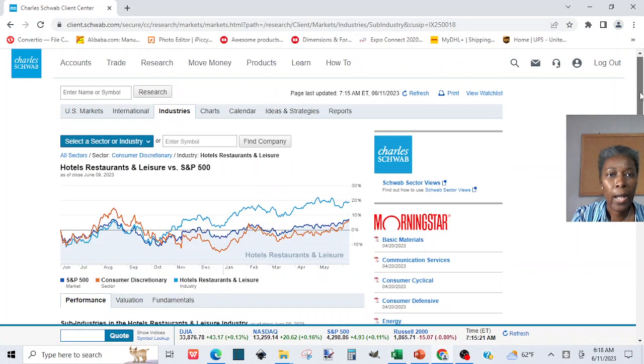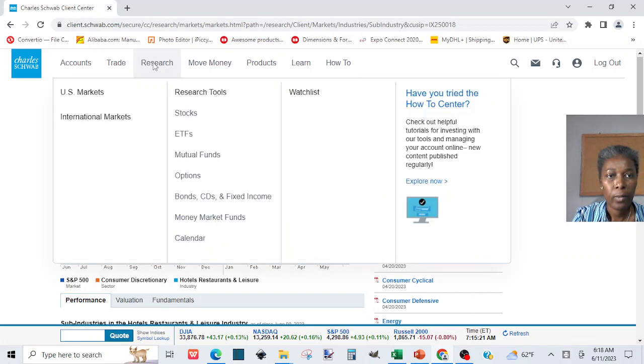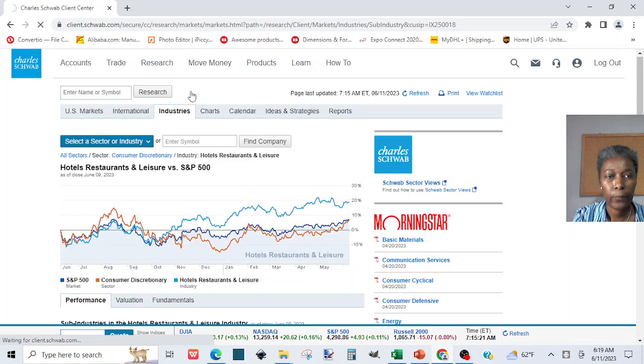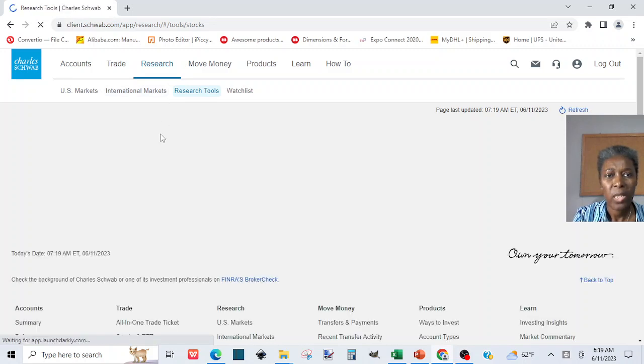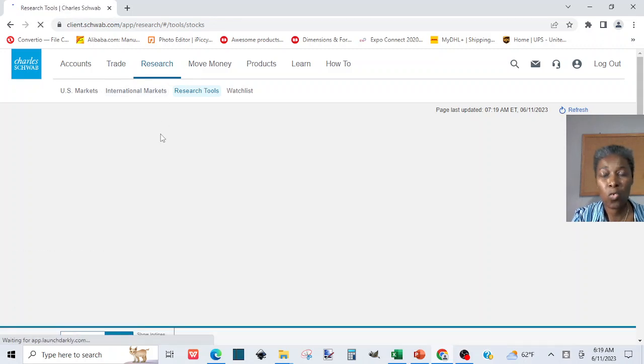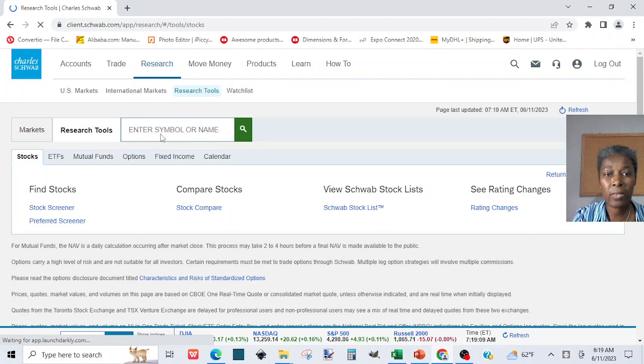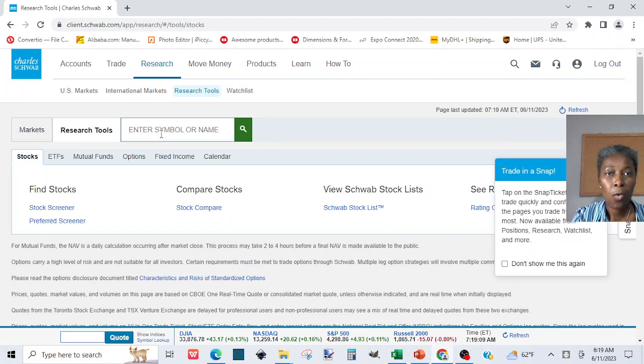So to do that, you'll go to research and you'll click on research tools. I mean, technically you can start searching here as well, but if you did those things at different times, not all the same day, you log out, log in. Just want to show you where you go.